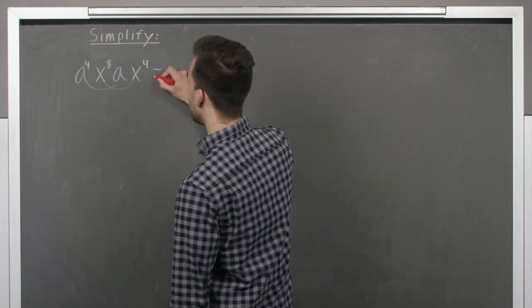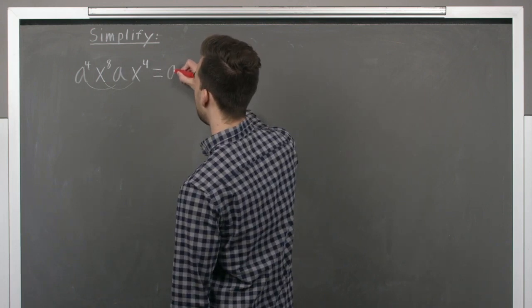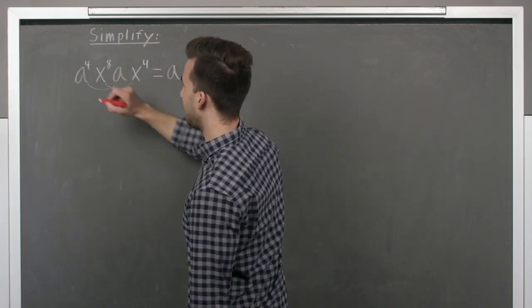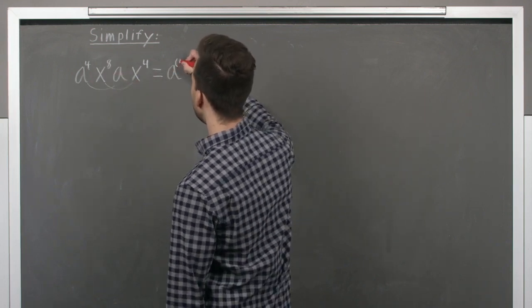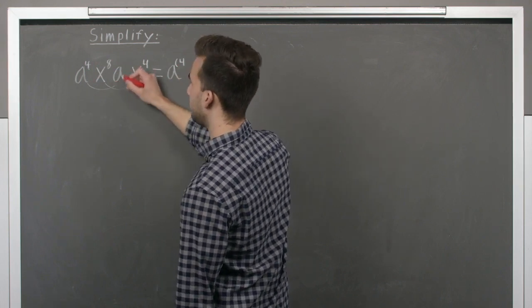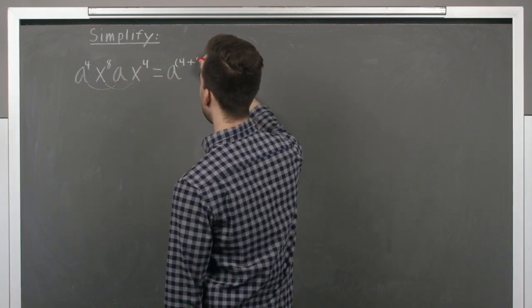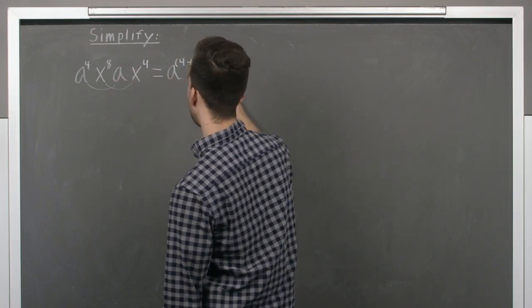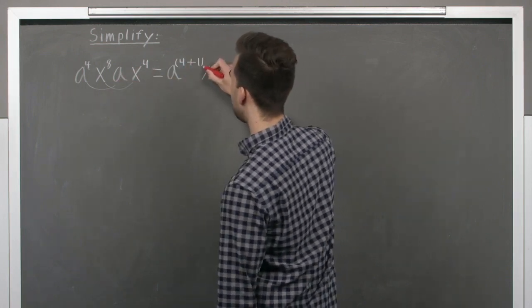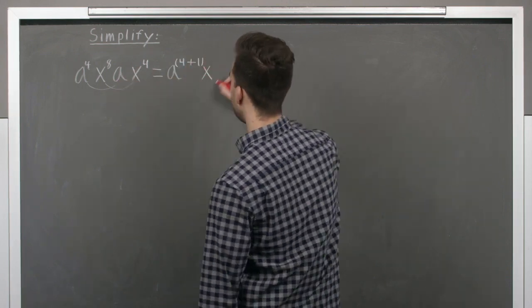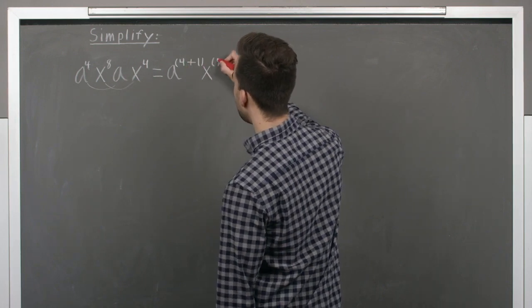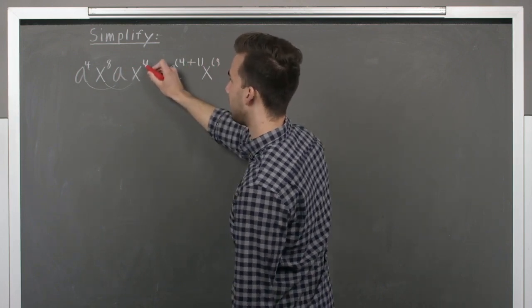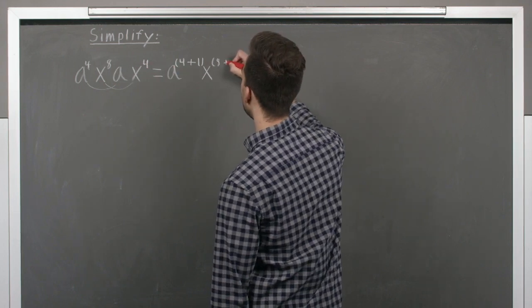So let's do the a's first. For our a's, we have an exponent of 4, and then we also have an exponent of 1 here. And that's all the a's we have, so now we can move on to the x's. For the x's, we have an 8 here, and then we also have a 4.